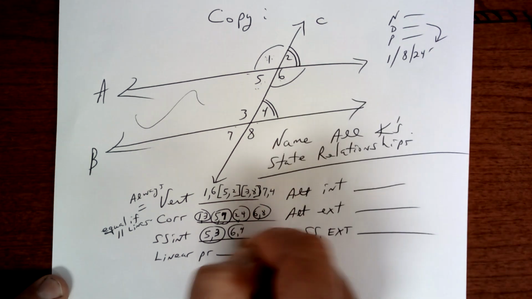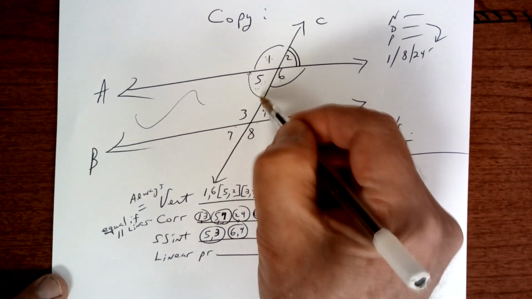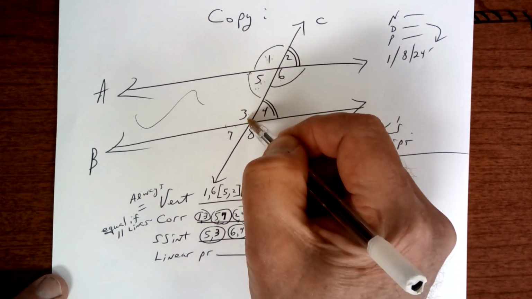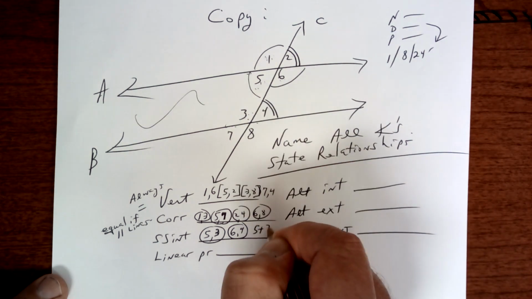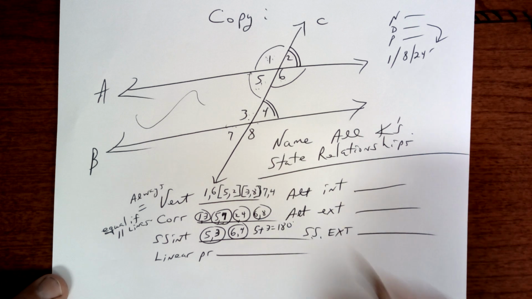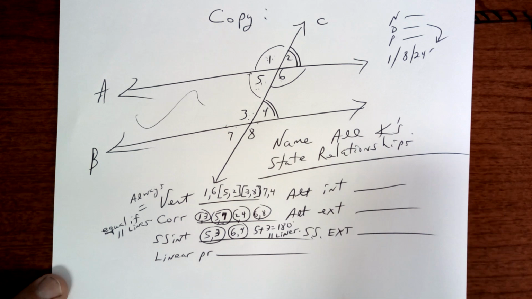They're not equal, they are supplementary. This angle is smaller than that angle, so they're not equal. They're supplementary. So 5 plus 3 would equal 180 degrees if the lines are parallel. Write that down. If the lines are not parallel, they're not going to add up to 180.